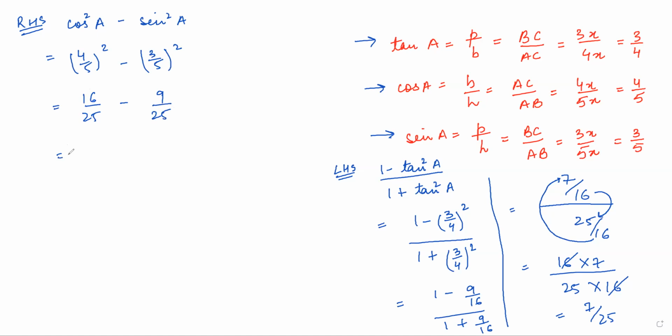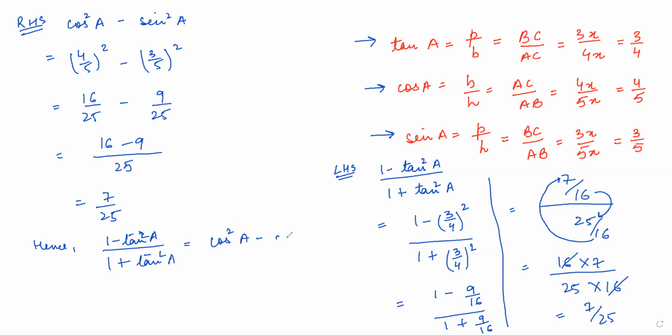So same denominator, take LCM which is 25. So you will get 16 minus 9 and that is 7 by 25. So LHS is equal to RHS, right? Yeah, ma'am. So hence we can write that 1 minus tan square A divided by 1 plus tan square A is equal to cos square A minus sine square A.